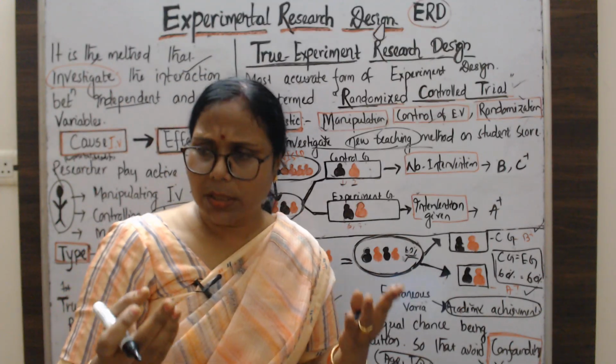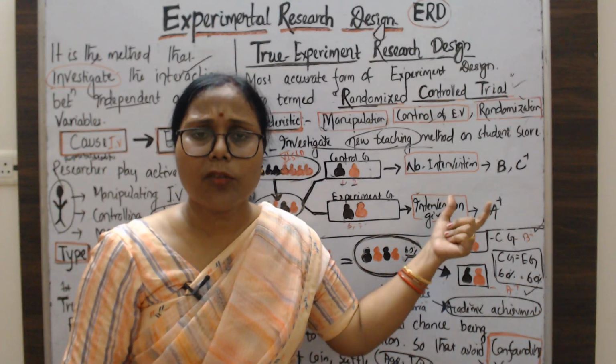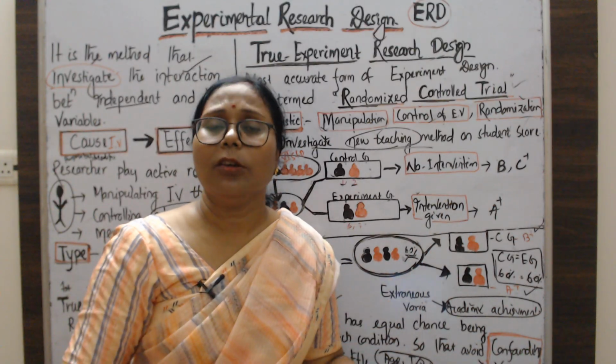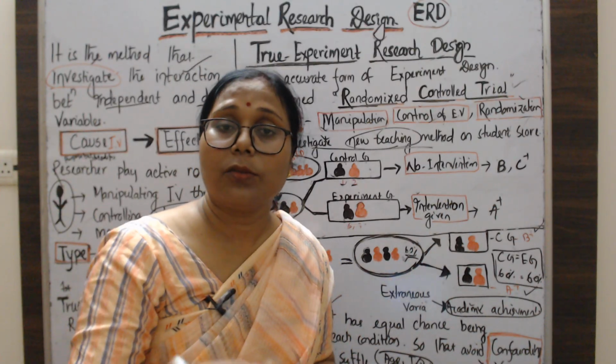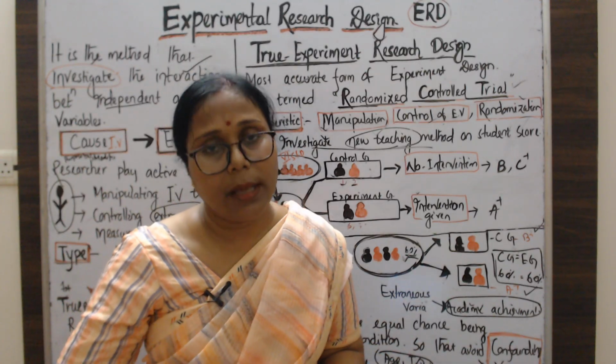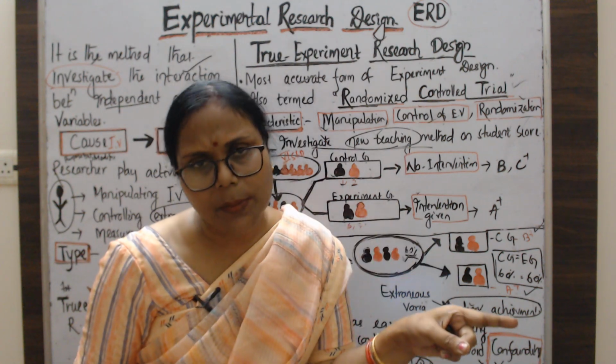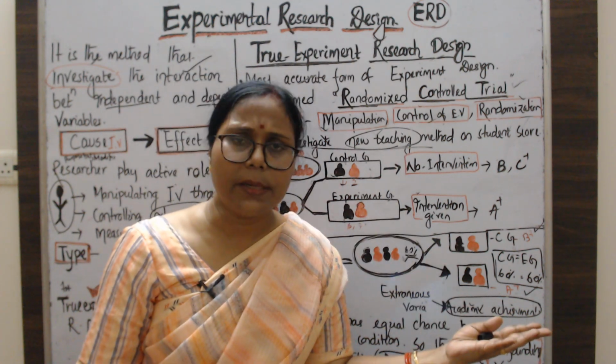Suppose in a classroom we are taking students for the control group and the experimental group. You declare that if heads comes up, the student goes into the control group, and if tails comes up, the student goes into the experimental group. In this way you randomly take the students.